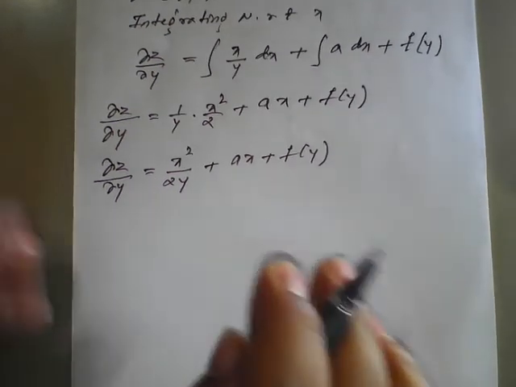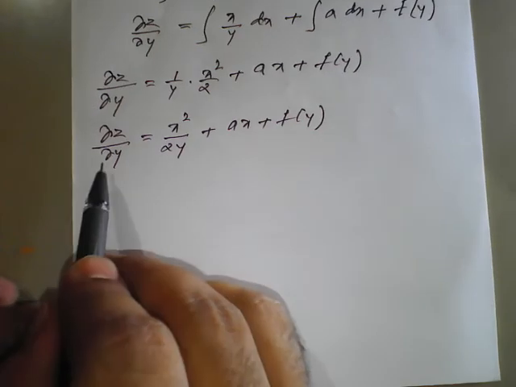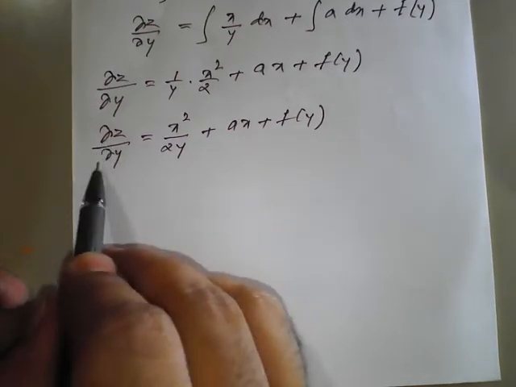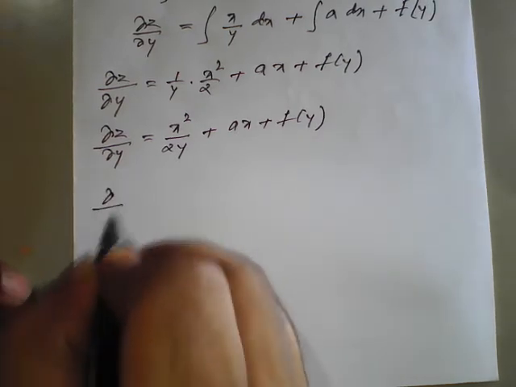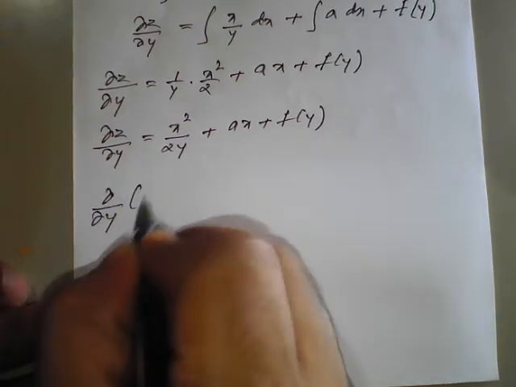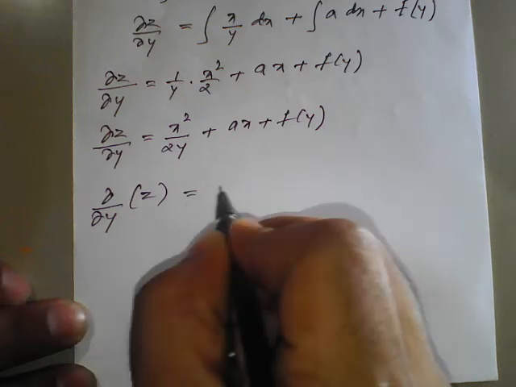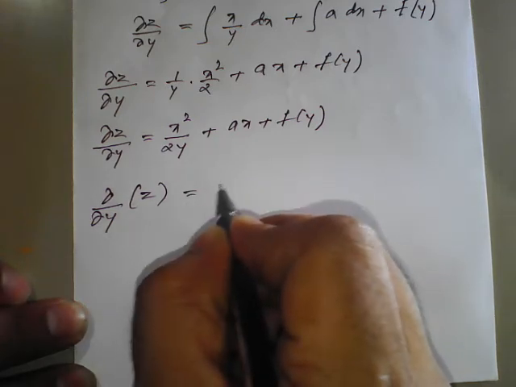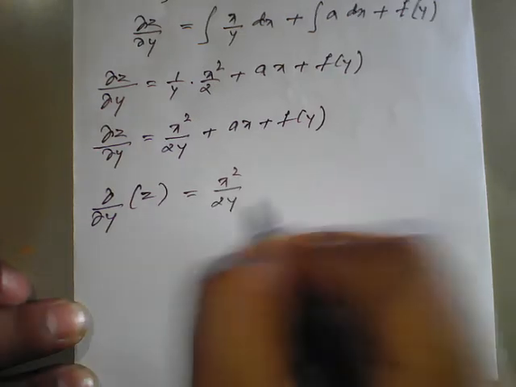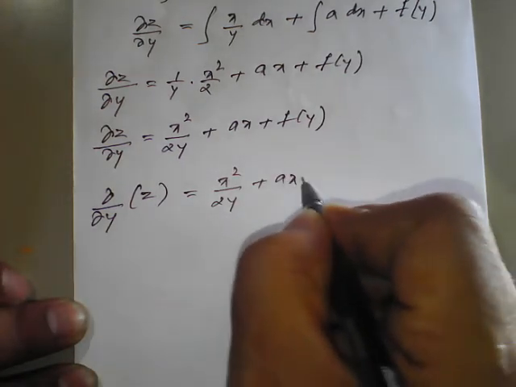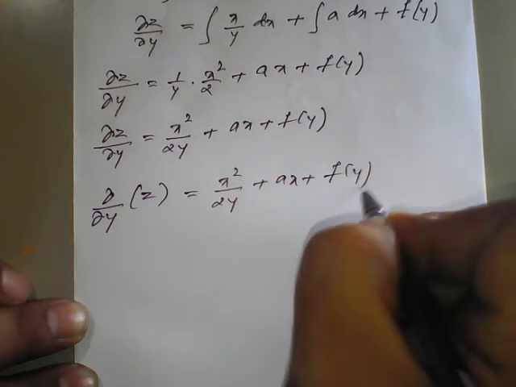Now we need to eliminate this dou operator also. So I will rewrite the left hand side as dou by dou y of z is equal to x square upon 2y plus ax plus f of y.